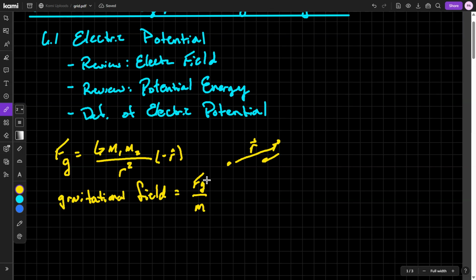If you're close to the surface of that object, that's just g, about 10 meters per second squared. So the acceleration due to gravity is the value of the gravitational field around that object. That's really what it boils down to.